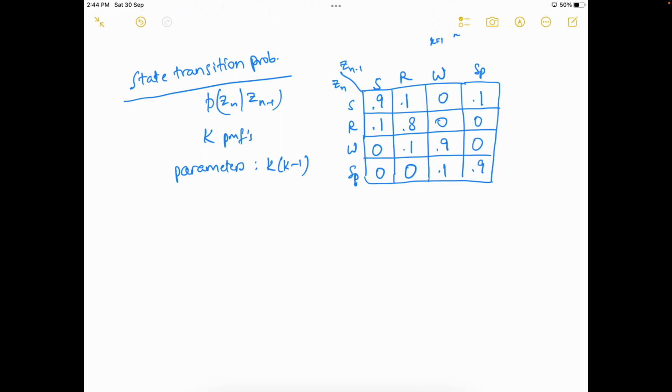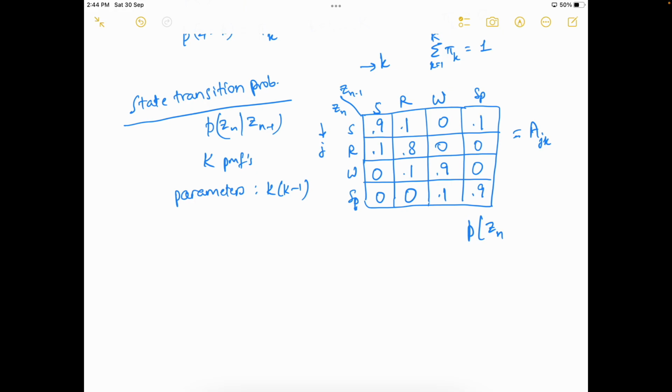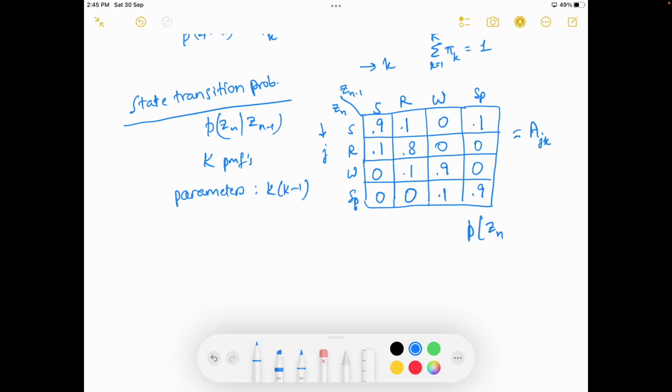This matrix can be called the state transition matrix, and you can call this A JK, the probability that Zn is J given Zn minus 1 is K. Let's say this is J, this is K, or let's call it, this is K, this is J.